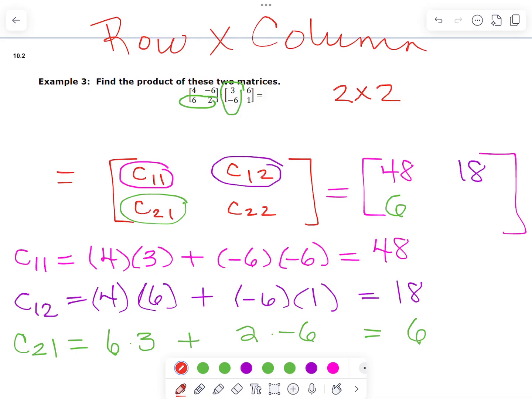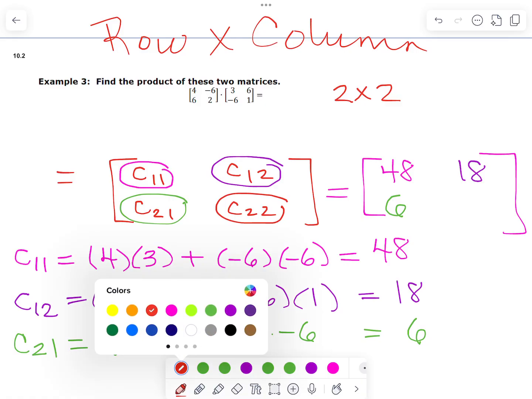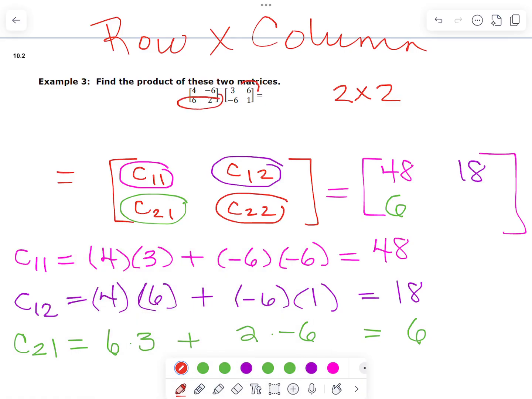Our last one, row 2, column 2. So we multiply row 2, column 2: first element, first element, second element, second element.